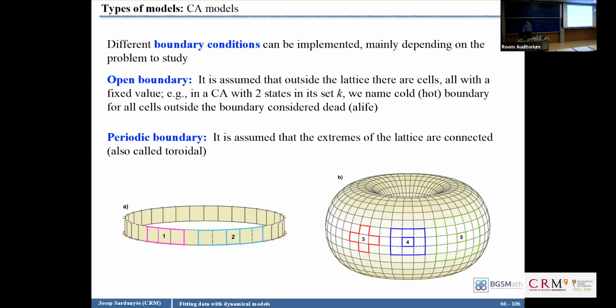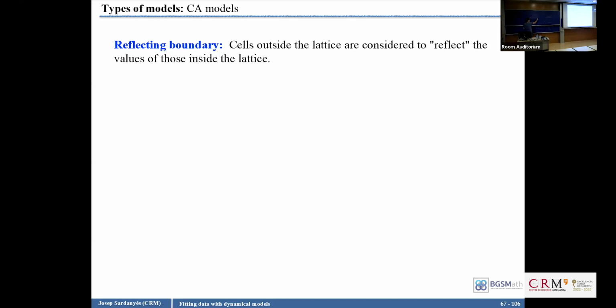So there are a lot of different conditions. For example, the periodic boundary conditions, in which for 1D you have a ring, and for 2D you have a torus. You also have reflecting boundaries, where you consider that the cells outside the lattice reflect, like mirrors.